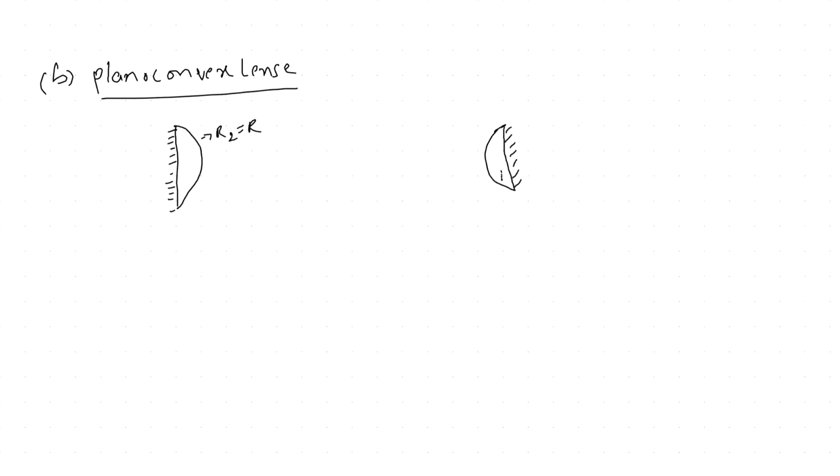So here R1 is equal to R, and you people know that the radius of a plane mirror is infinite because it's a plane surface. So in this case, here the object is there at some distance.